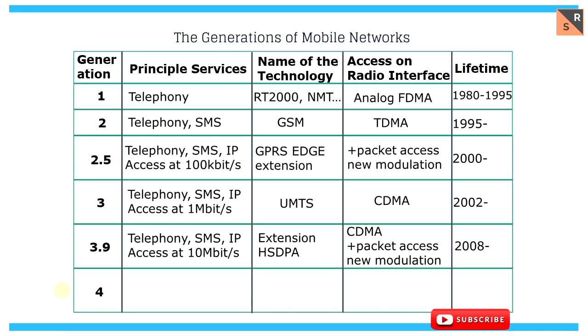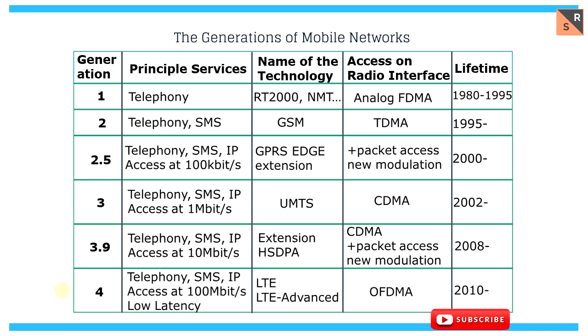The fourth generation has a different approach. Up until now, a lot of services were specified in mobile networks. The principle of fourth generation is to say, now we have a lot of services available on IP: voice over IP, video phone, web browsing, social networks, and so on.